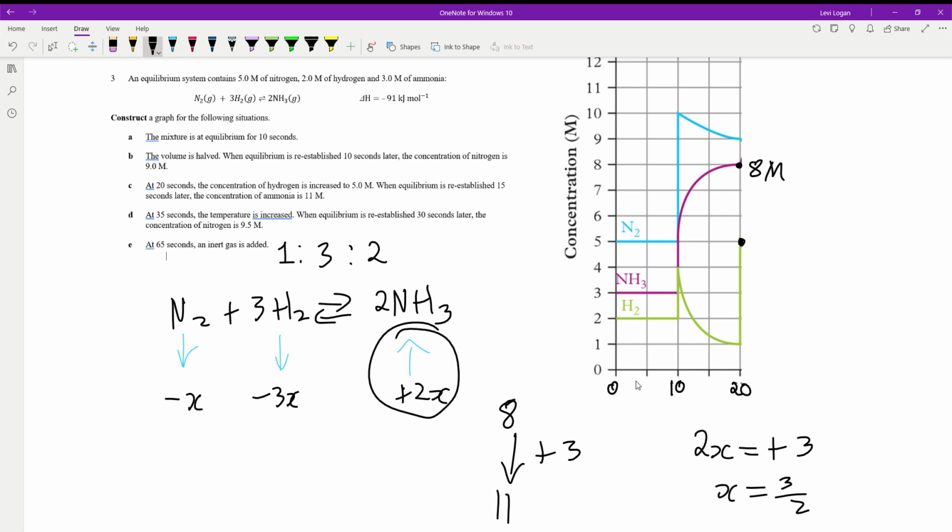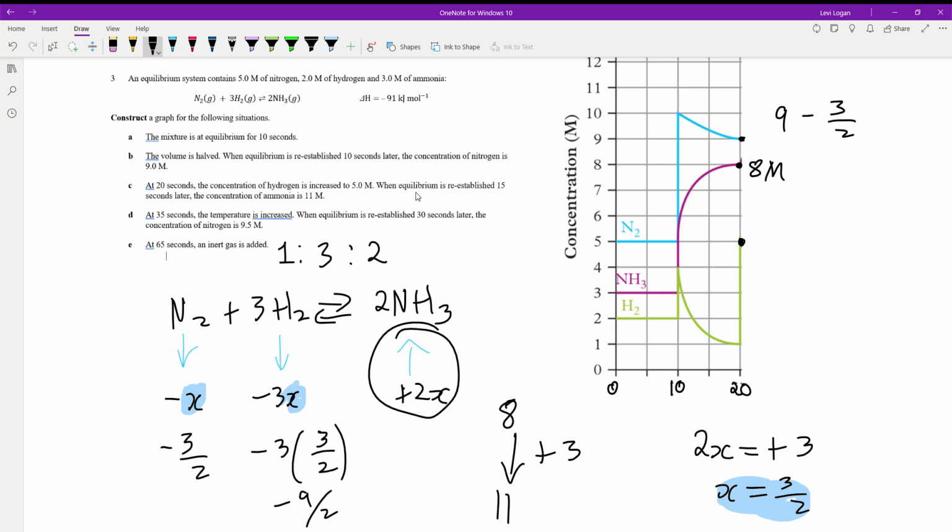So if we want to work out what these new molarities are going to be, we can just substitute x for 3 on 2 in both of them. So here, this would be minus 3 on 2, and this one here would be negative 9 over 2. The nitrogen is at 9, so if I go 9 minus 3 on 2, that will be the new molarity.